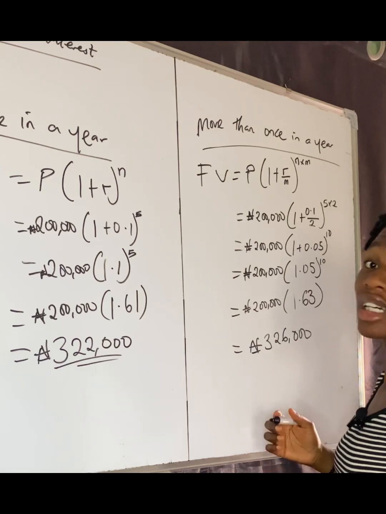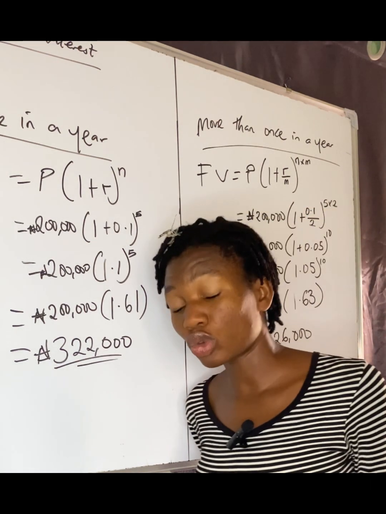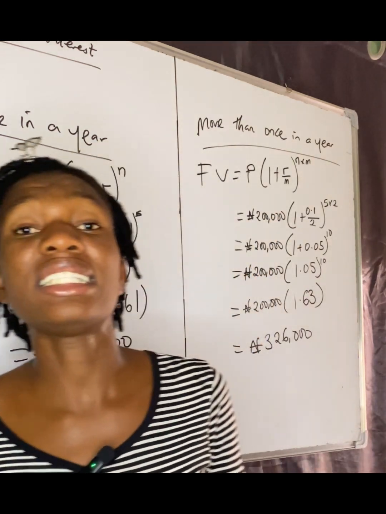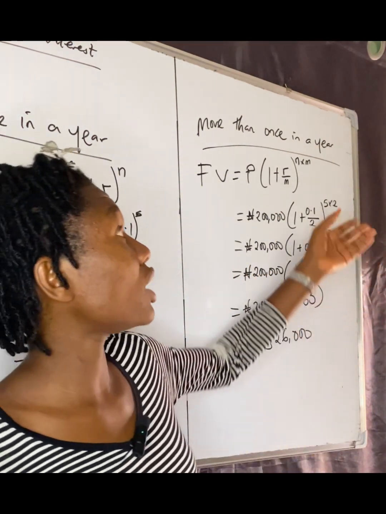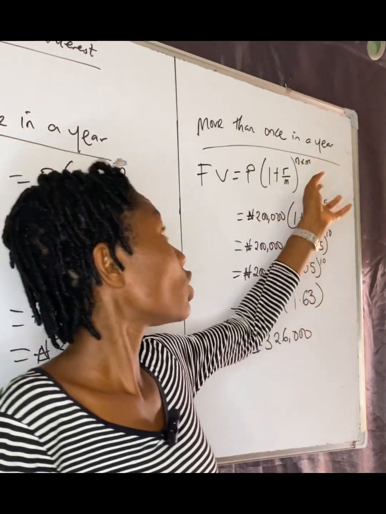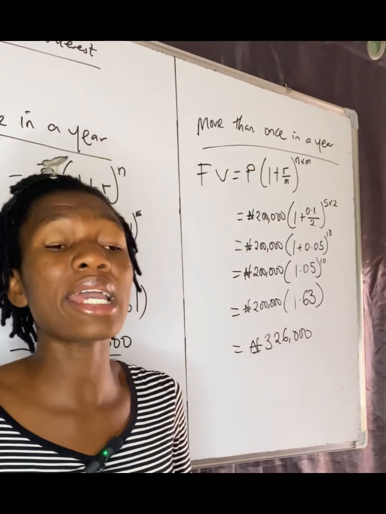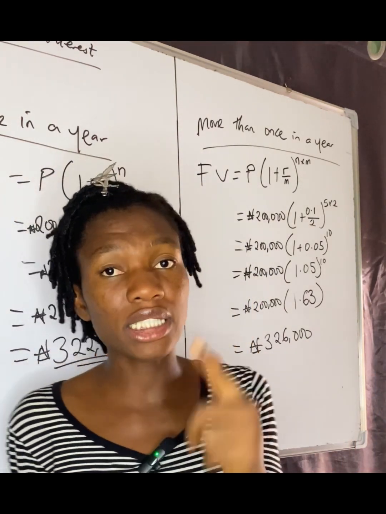Now this is a case where our interest is paid to us more than once in a year. So if you are collecting your money 3 times in a year, your m will be 3. If you're collecting 4 times in a year, your m will be 4, like that. So our m represents how many times interest is to be paid in 1 year.